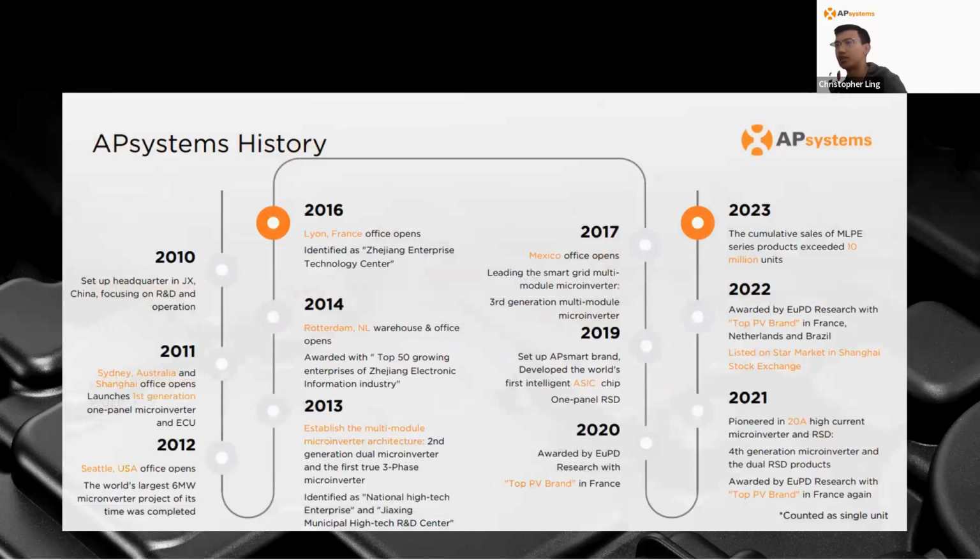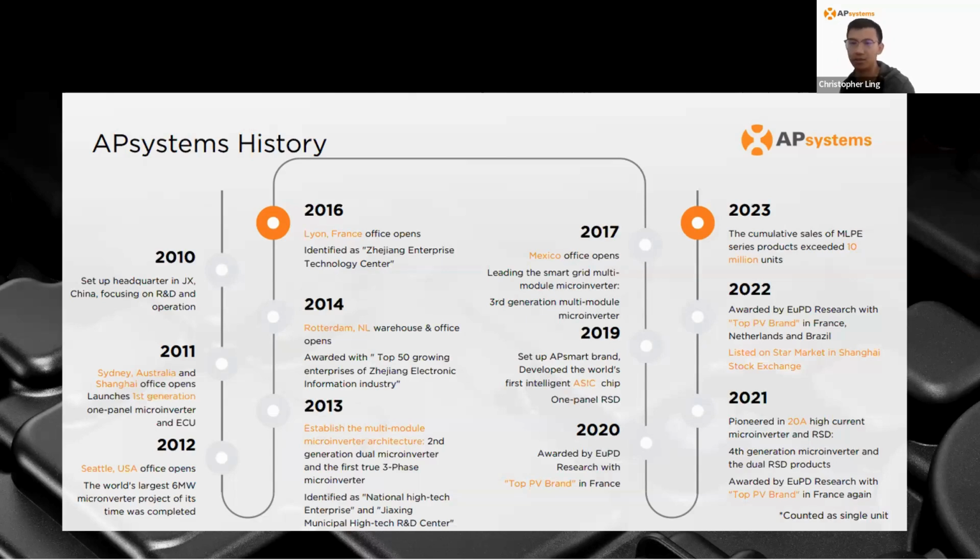We have a pretty long history, starting from the year 2010, when we set up our headquarters in China. We were the first company to do a multi-module microinverter, so we can put multiple modules into the microinverter.